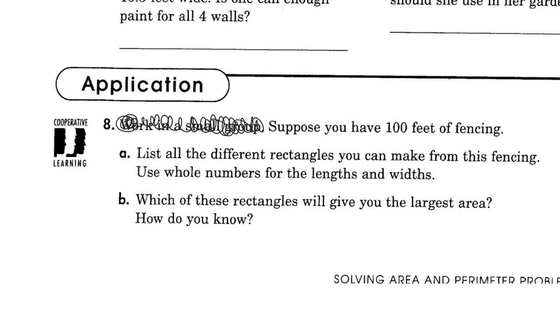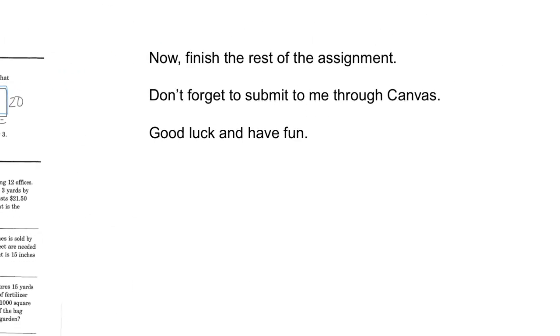Which of these rectangles would give you the largest area? Now remember, area equals length times width. And you need to make sure that you show this somewhere on the paper, how many rectangles you do. Okay, so you need to finish the rest of the assignment.